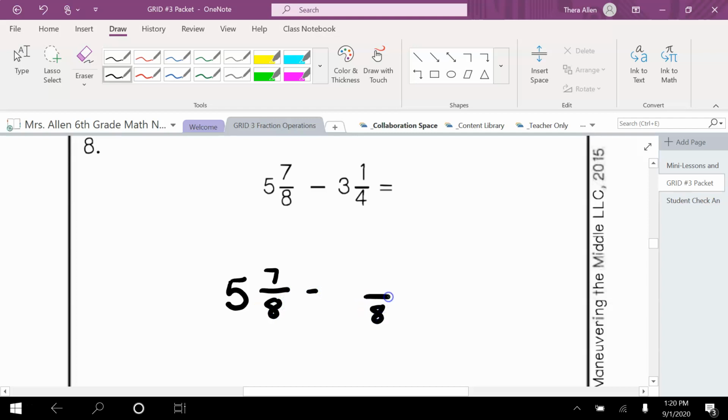And then 8 is here with my whole number 3. 4 changes to 8 by multiplying it by 2. And whatever I do to the denominator, I have to do to the numerator. 1 times 2 is 2. Subtract my whole numbers. 5 minus 3 is 2. 7 minus 2 is 5, and my denominator stays the same.